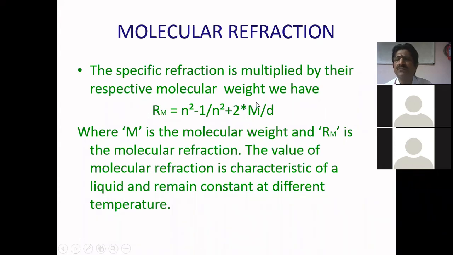When you multiply the specific refraction equation by the molecular mass, what you get is the molar refraction. And this molar refraction is actually a characteristic property of the liquid and remains constant at different temperatures.